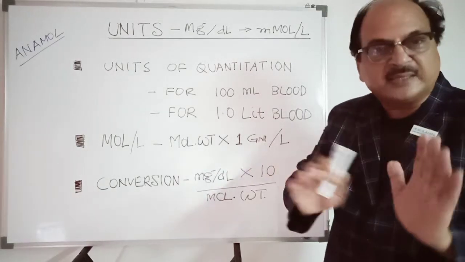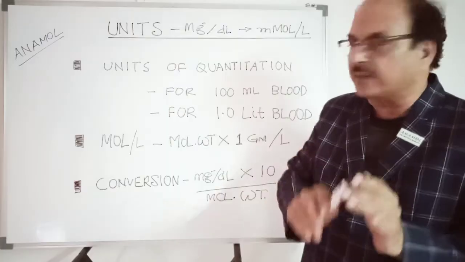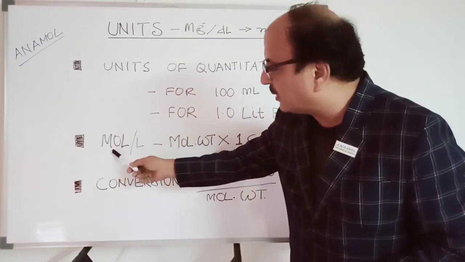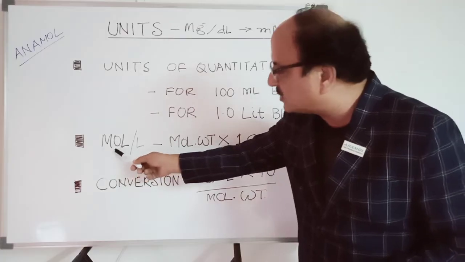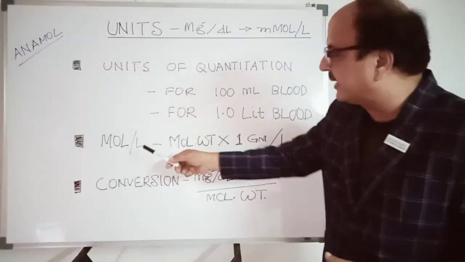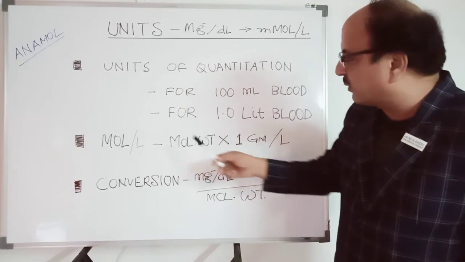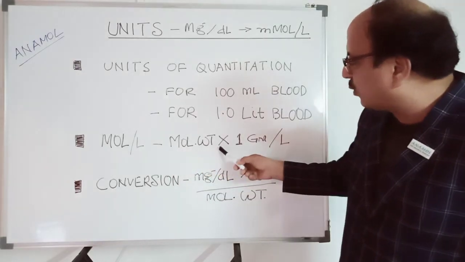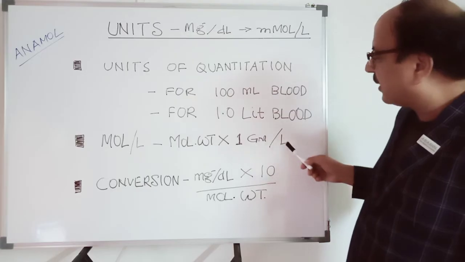So the simple thing is you find out the molecular weight, and if you want to convert to millimoles or moles per liter, let's say we take moles per liter, it is equivalent to nothing but molecular weight into 1 gram per liter.